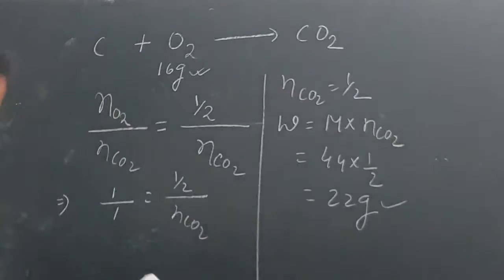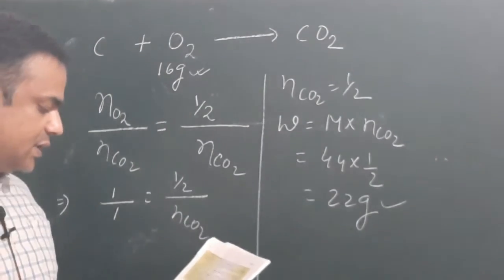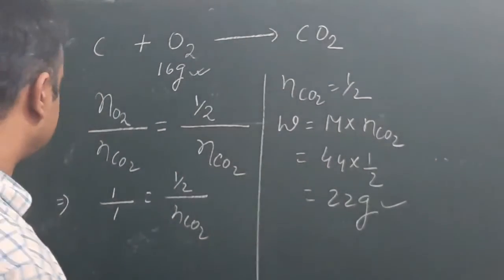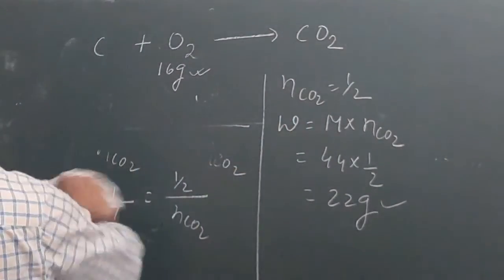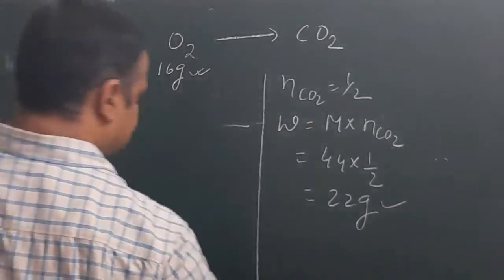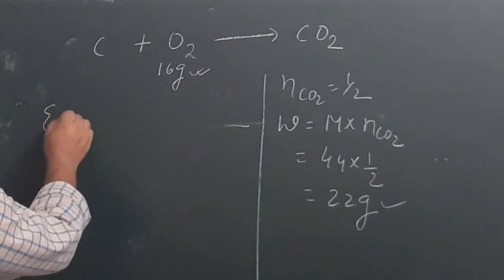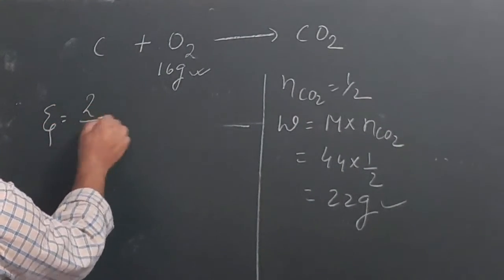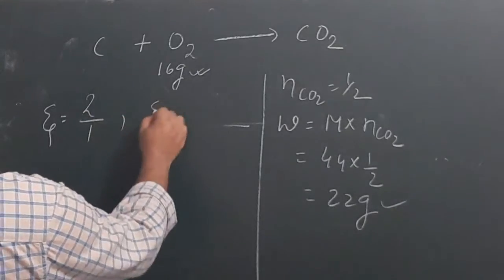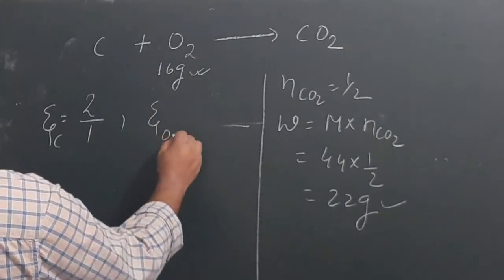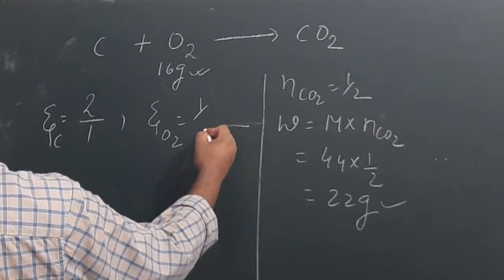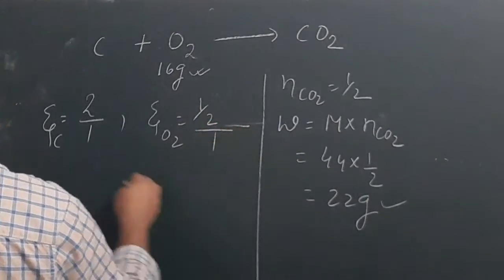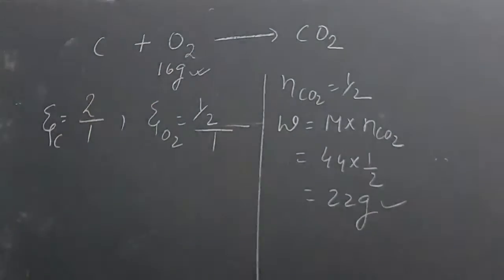Next question is 2 moles of carbon are burnt in 12 gram of oxygen. Now again we will determine the extent of reaction. The extent of reaction for carbon will be 2/1, and for oxygen the extent of reaction will be 1/2 divided by 1. The stoichiometric coefficient of both carbon and oxygen is 1.